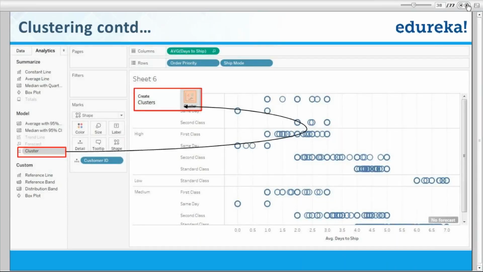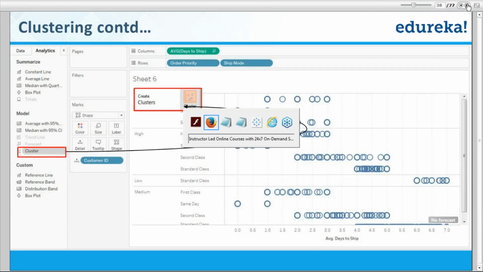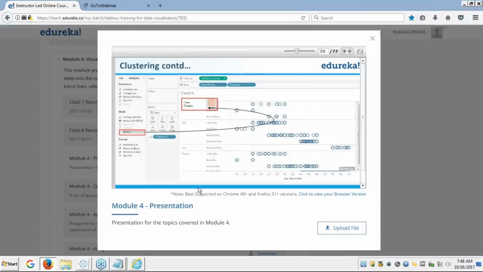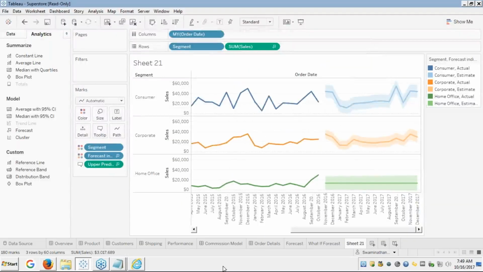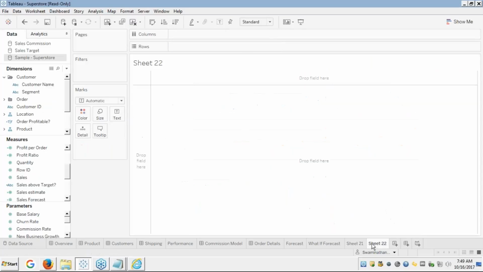Okay, friends, now let's see an example of clustering here. Let me take days to ship data, ship status, products.